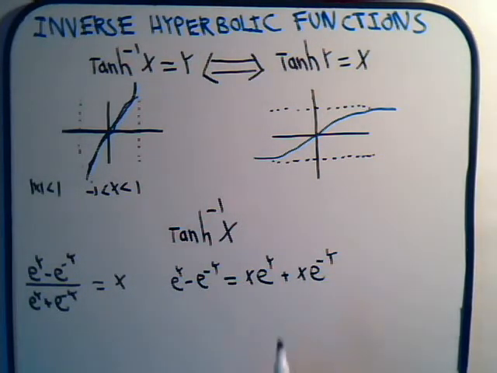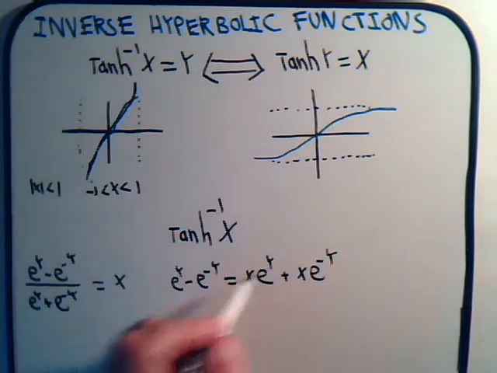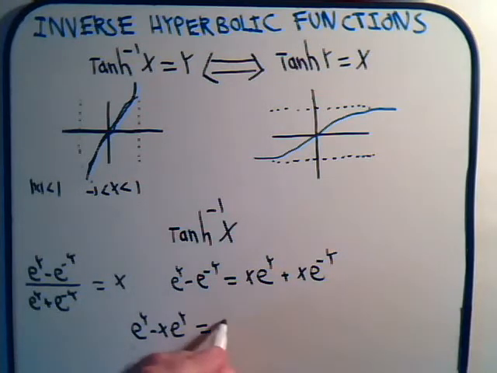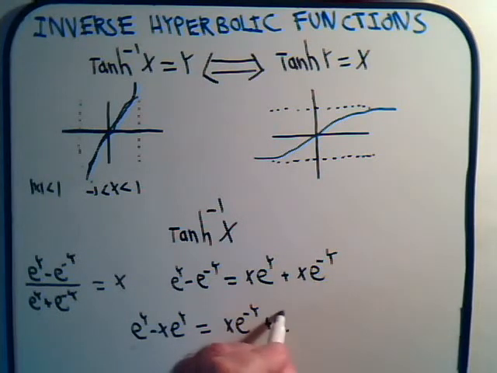And let's collect the positive exponents and the negative exponents so they're on the same side. So here we'll have e to the y minus x e to the y will equal x times e to the minus y plus e to the minus y.